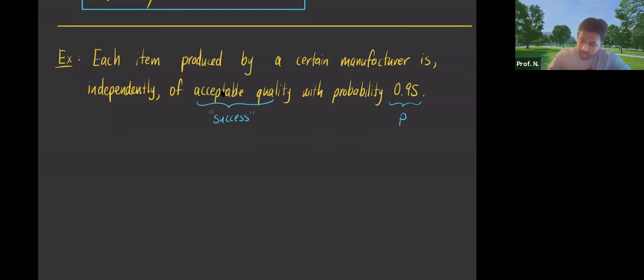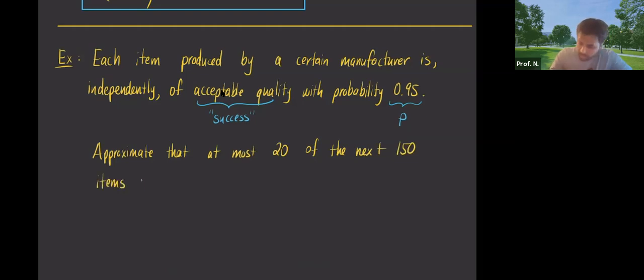And then approximate that at most, let's say, 20 of the next 150 items produced are unacceptable.